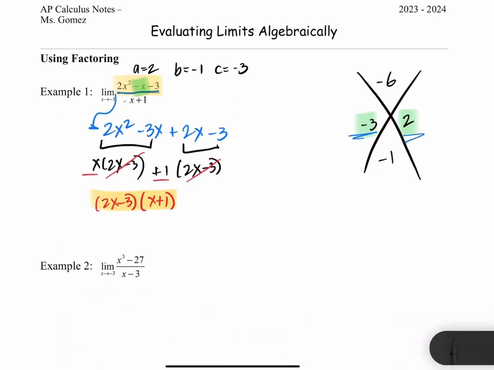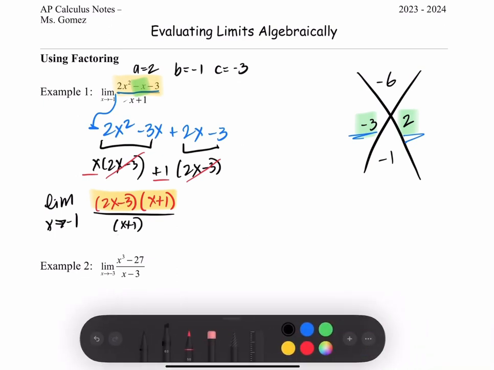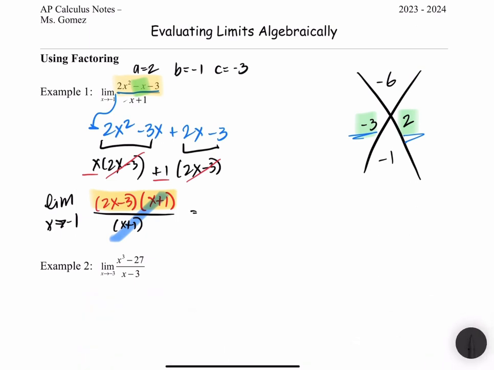And so we said we had a denominator of x plus 1, and I'm still taking the limit as x approaches -1. But now I can factor out the x plus 1s on the top and the bottom. These are the same. X plus 1 on the top and x plus 1 on the bottom are going to divide. And so now I'm left with evaluating the limit of 2x minus 3 as x approaches -1.